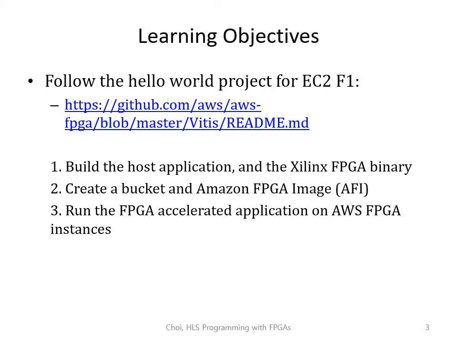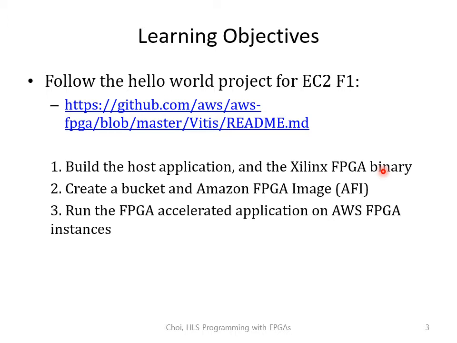Today's learning objective is quite simple. We're going to follow the HelloWorld project for EC2 F1 in this link. That is, we're going to build the host application and the Xilinx FPGA binary and understand what this application is doing.